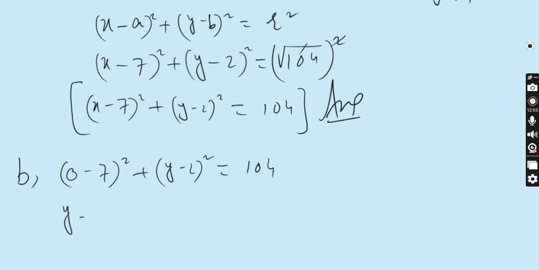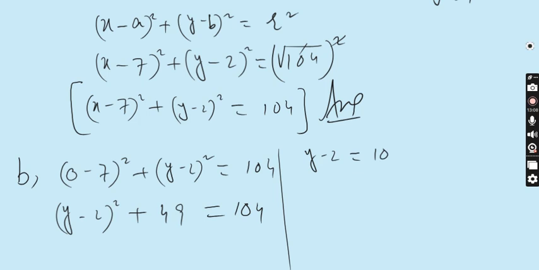So (y minus 2) whole square, 0 minus 7 is minus 7, minus 7 square is 49, so (y minus 2) whole square is equal to 104 minus 49, which is 55.